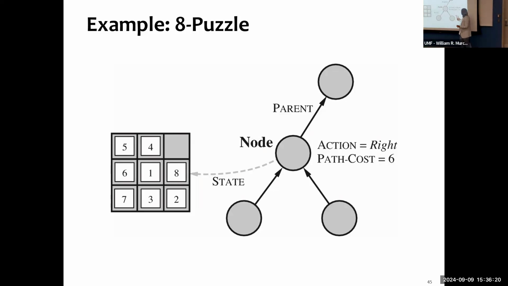And also we need to track the path cost. Path cost is the cumulative sum of the actions that I took until the state I am currently in. For example, here it's 6, which means that I moved 6 tiles to come to that position. Is that clear, please? Okay. And we have the action: at this state, what possible action can I take? I can move it to the right. Is that clear? Okay, so this is an illustration.